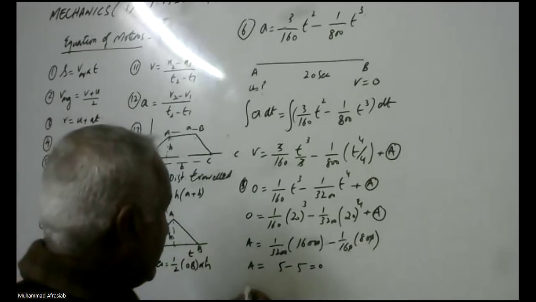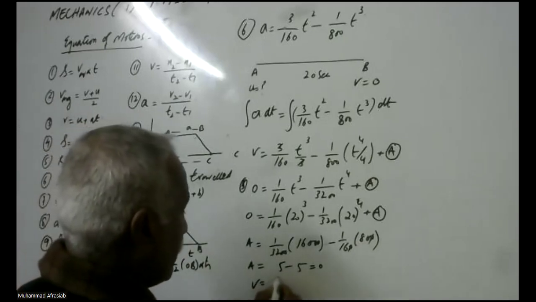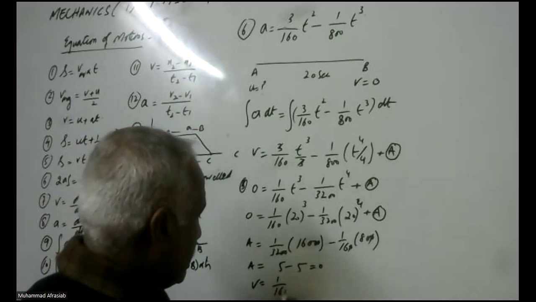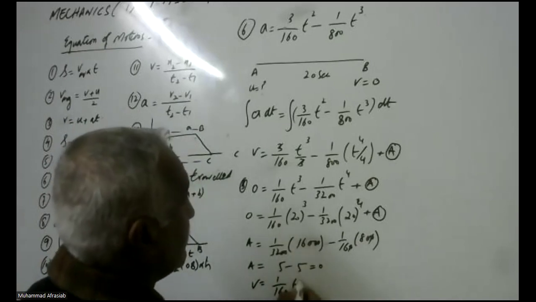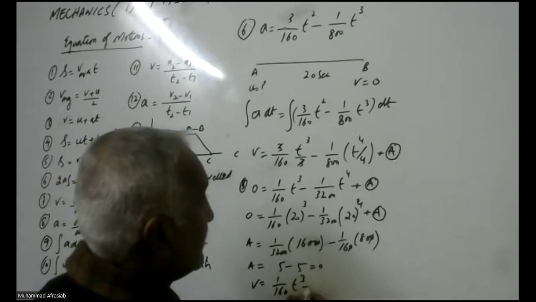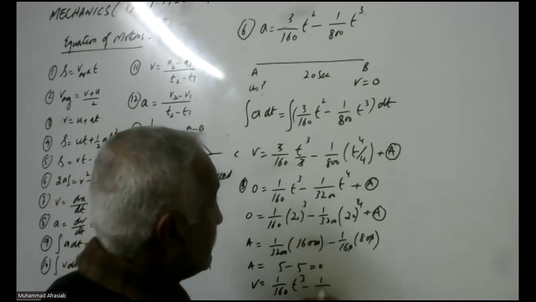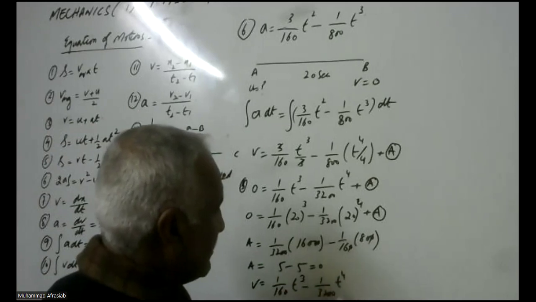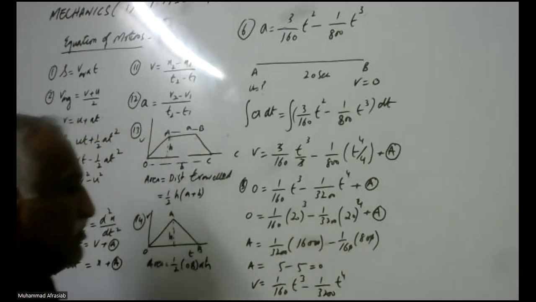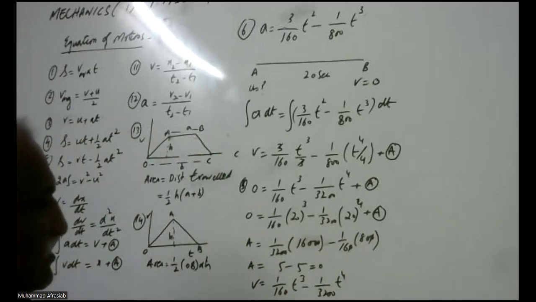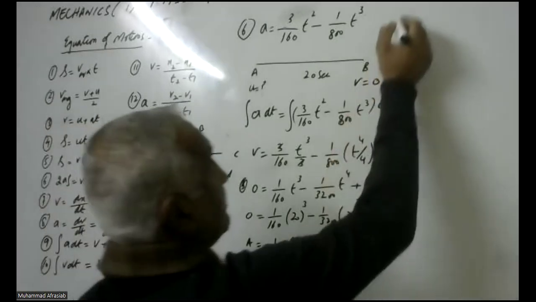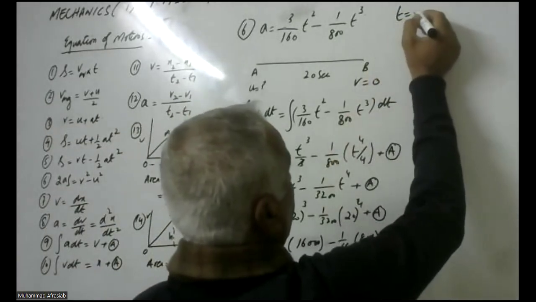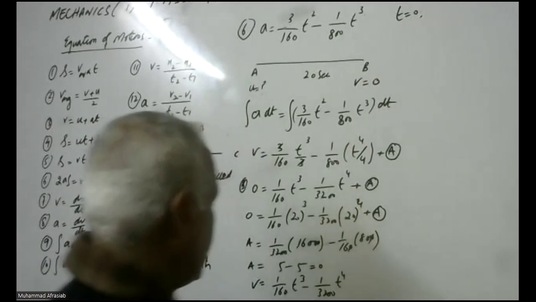So v is equal to 1 over 160 t cubed minus 1 over 3200 t to the power 4. For the initial speed, that means you put t equal to 0 in this expression.